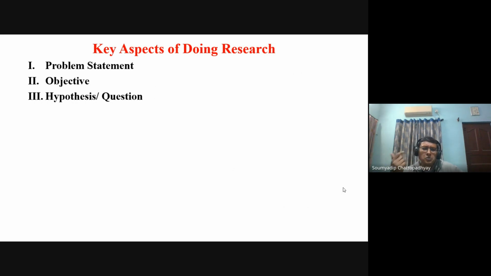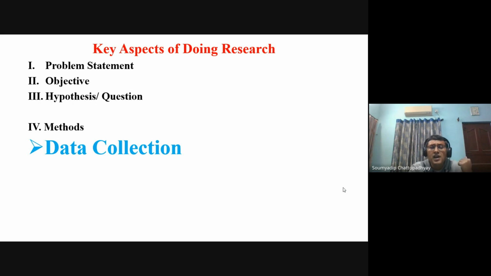Although many of us tend to conflate research hypothesis with research objective and research question, we need to keep in mind that there are subtle differences between them. I'm not going into the details of those differences, but it is important for you to note. And then the other important aspect related to my presentation today is the method.